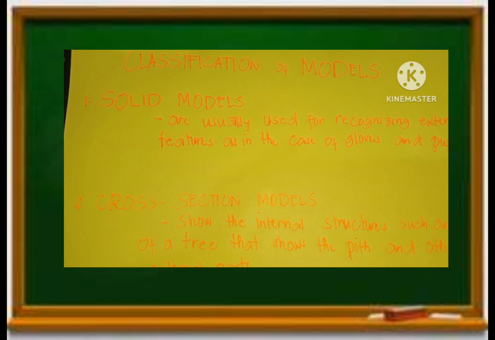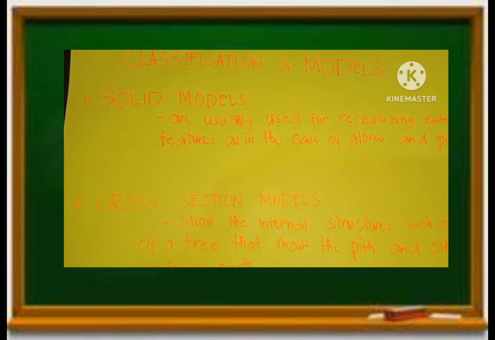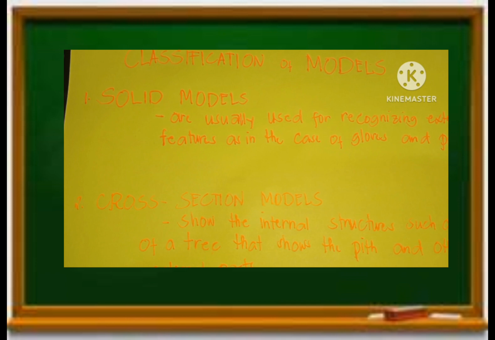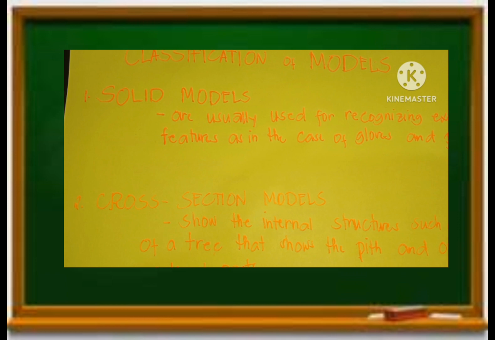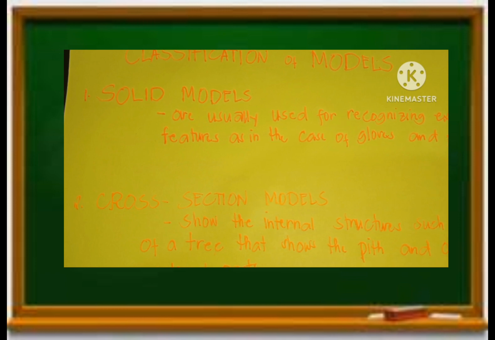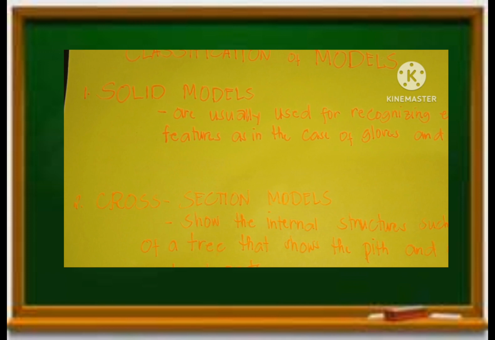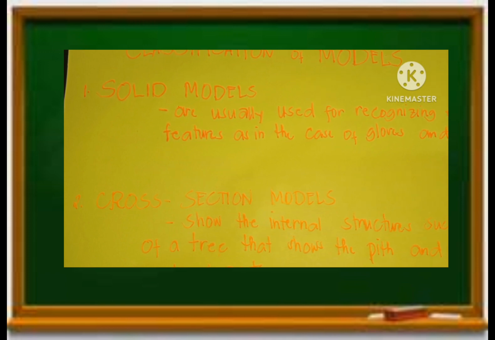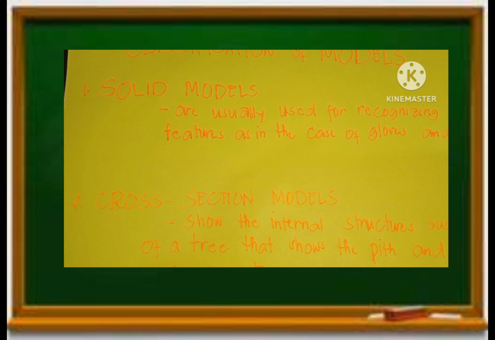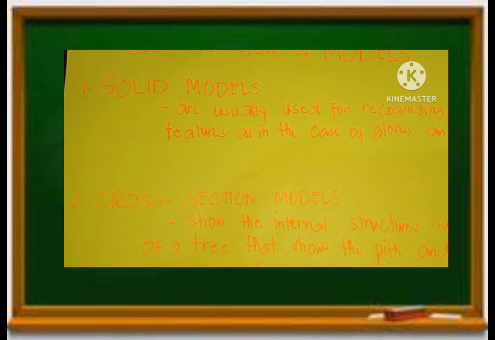So, an example of this is a vault or a heart. This classification of solid models is where we can see the outer parts or the features of an object. And cross-section models show the internal structure such as that of a tree that shows the pith and other parts.